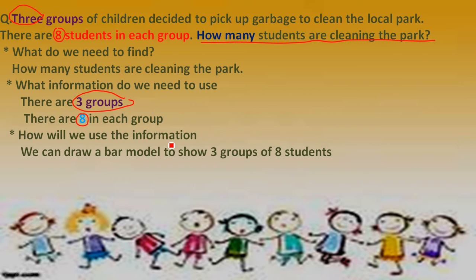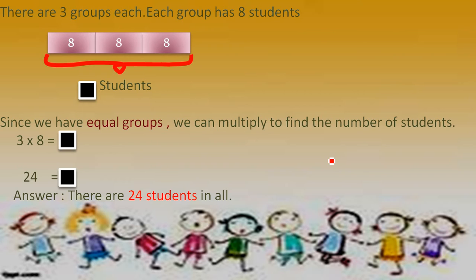Now how will we use this information? We can draw a bar model to show 3 groups of 8 students. There are 3 groups, and each group has 8 students.